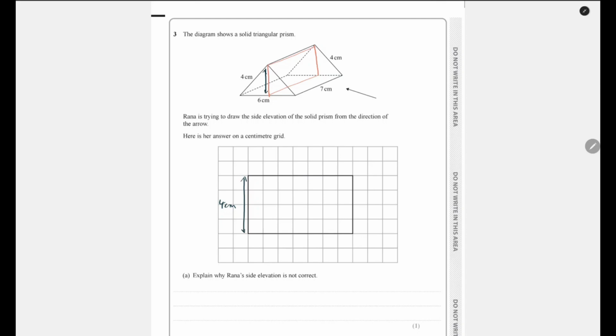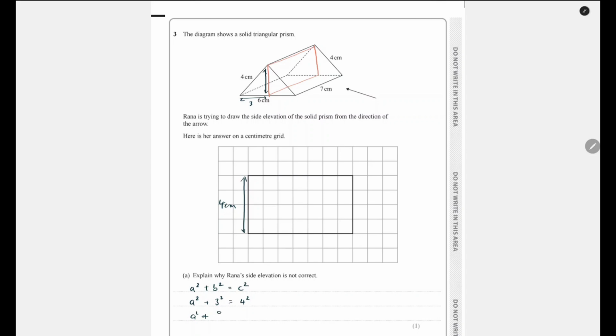Well, that can't be right, and we're going to use Pythagoras' theorem to show why. This length here is going to be half of 6, which is 3, and so Pythagoras' theorem says a squared plus b squared is equal to c squared, where c is the hypotenuse. We'll keep a as the unknown. A squared plus b, which is 3 squared, is equal to 4 squared.